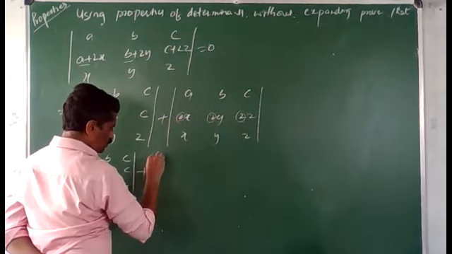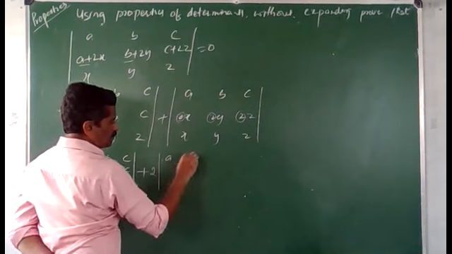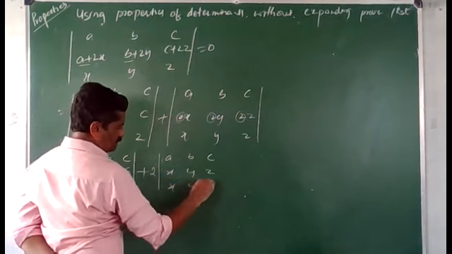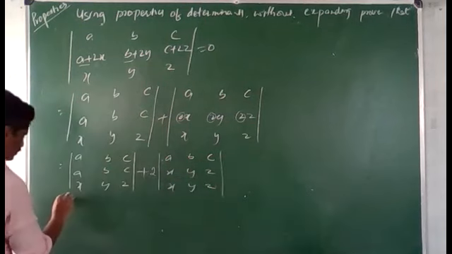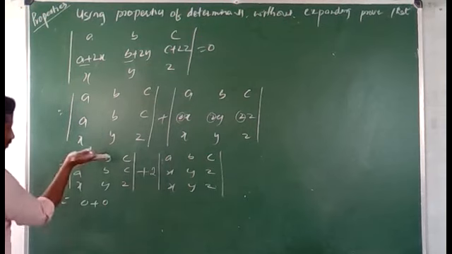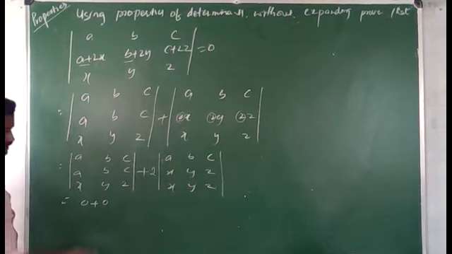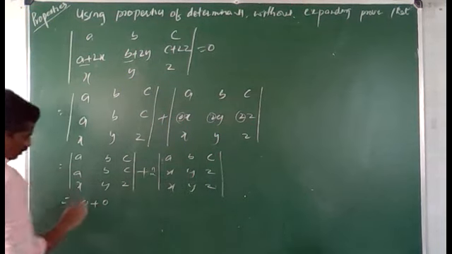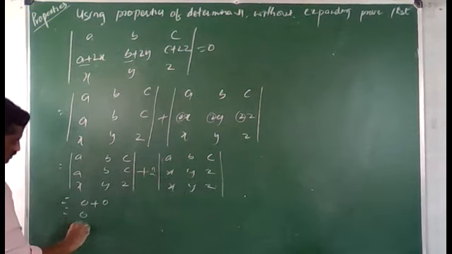Therefore that is 2 into the determinant of A, B, C; x, y, z; x, y, z. So that is equal to 0 plus 2 into 0, because here the first row and second row are identical, and here the second row and third row are identical. 0 into 2 is 0. So it is equal to 0, which is equal to RHS.